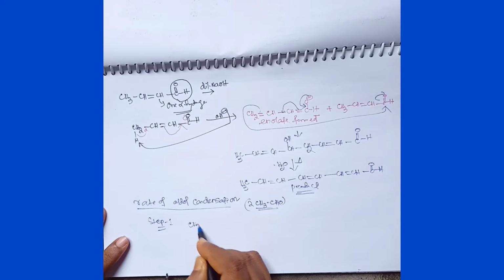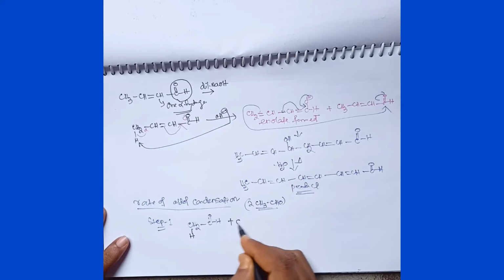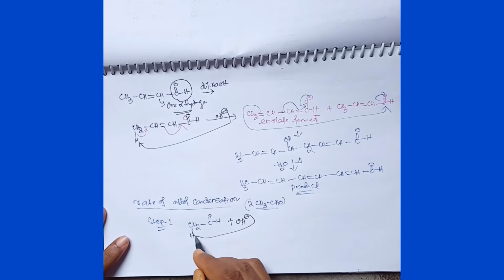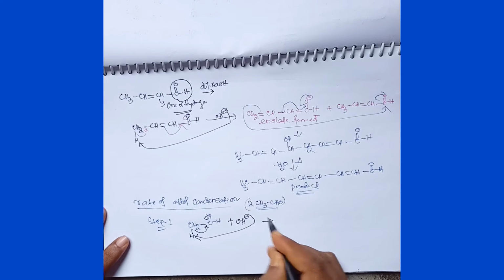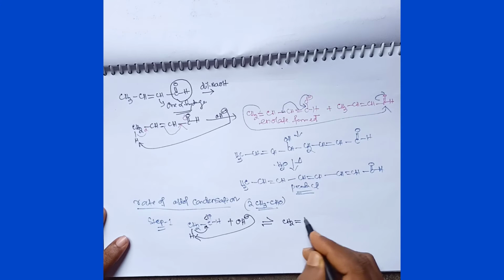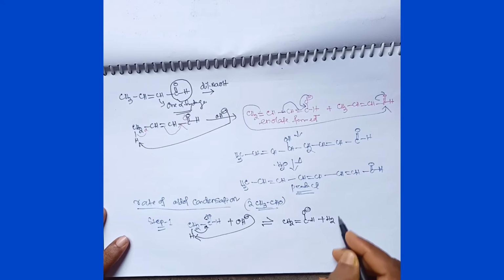This is CH3 COH, with 3 alpha hydrogens; I am showing 1 alpha hydrogen for abstraction. In the presence of base it will happen like this, so the structure will be CH2 CO minus H. This is the enolate form.